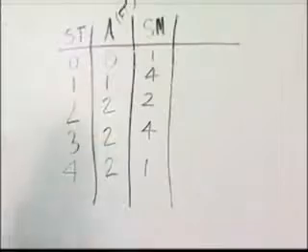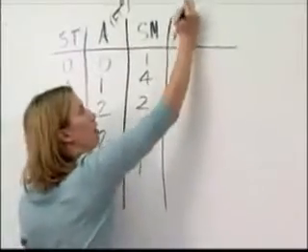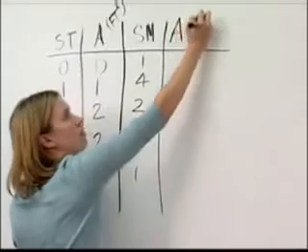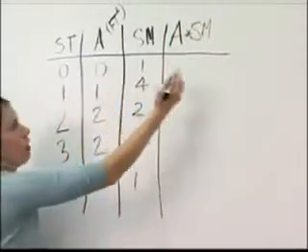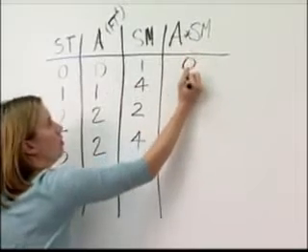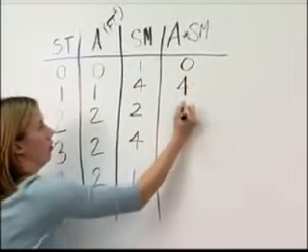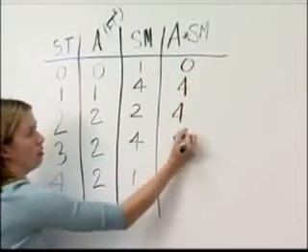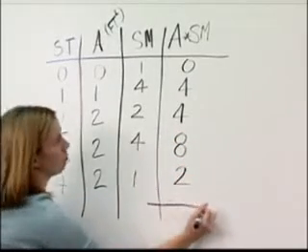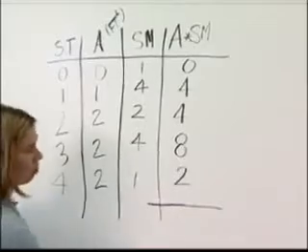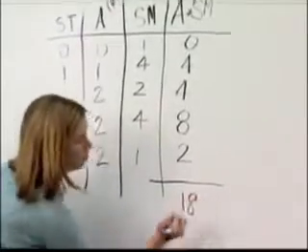Okay, so the next column is going to be multiplying our area times our Simpson's multiplier. For that, we get 0, 4, 4, 8, and 2. If we total that, we get 18.